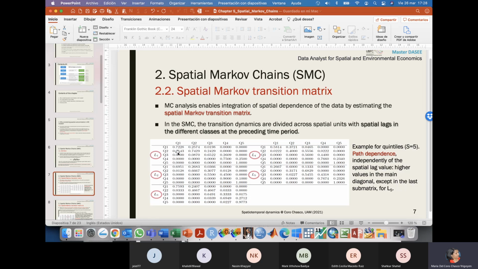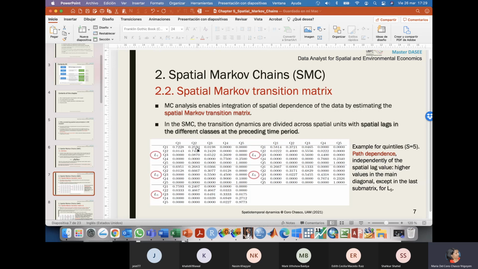Well, for instance, let's see this first, the upper left matrix. This first matrix is the probability matrix for a city. I think that this is the example also for the Chilean cities. For a city departing in the first quintile in terms of population in one period, and going to, for instance, the second quintile in the next decade.